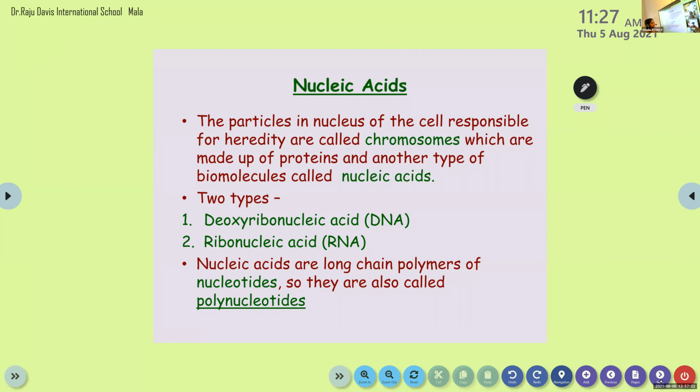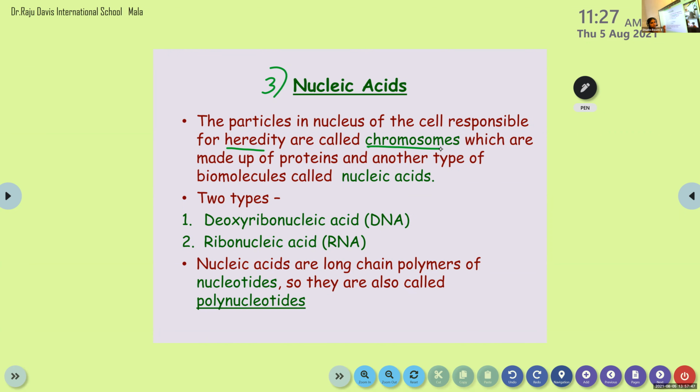So, nucleic acids. The third biomolecule is nucleic acids. The particles in the nucleus of the cell are responsible for heredity. They are called chromosomes. We know that in each cell there is one nucleus at the center of the cell, right?